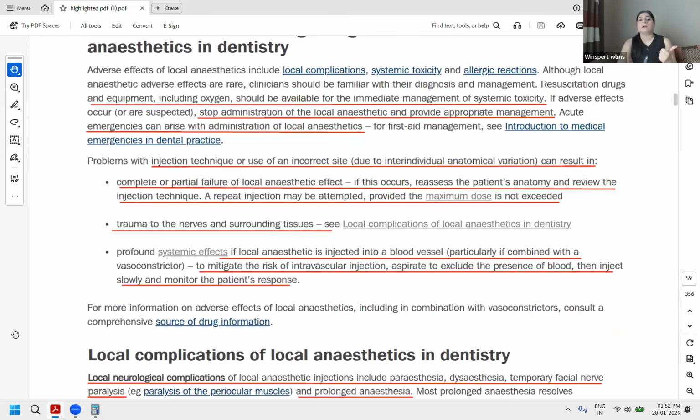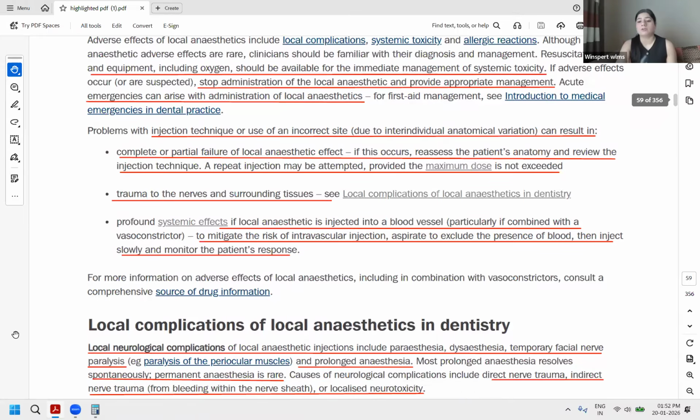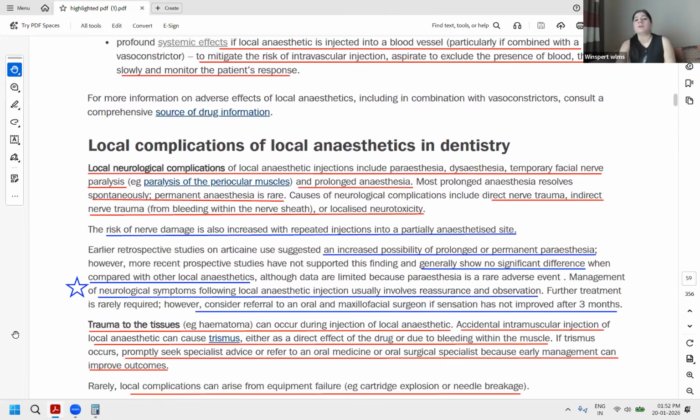The local effects are because of your failure of technique or anatomy aberrations which you didn't record for, trauma to the nerves or muscles, and systemic effects if it gets uptaken into the systemic circulation, either overdose or because of injecting intravascularly. So to prevent your systemic effects, always aspirate.